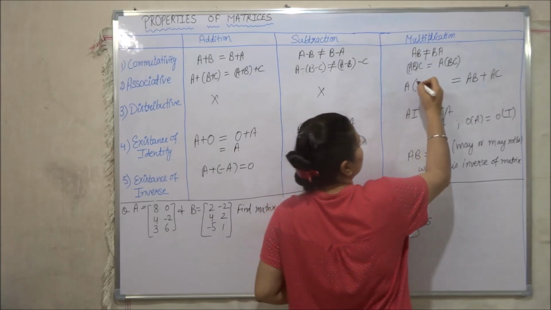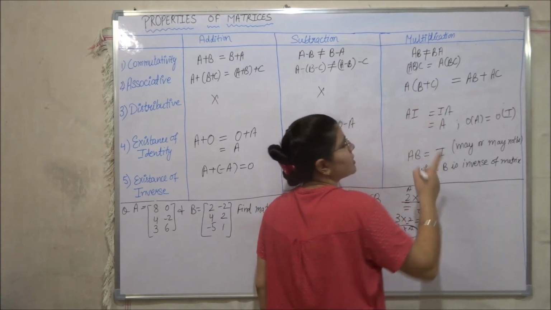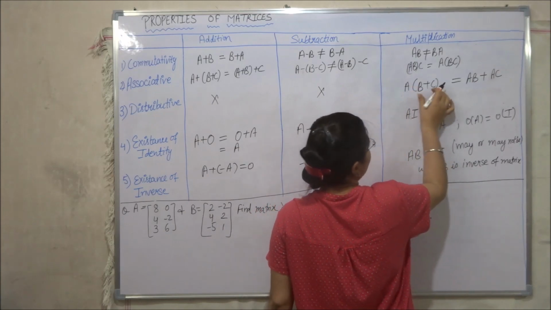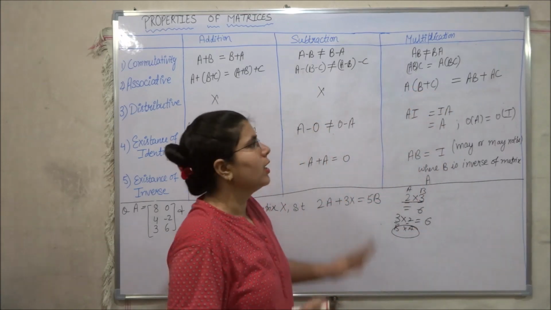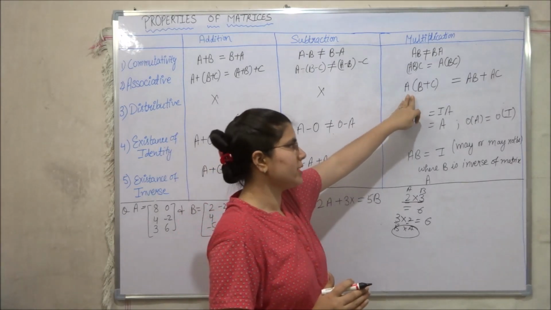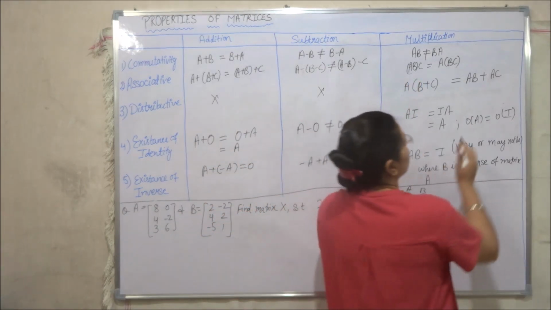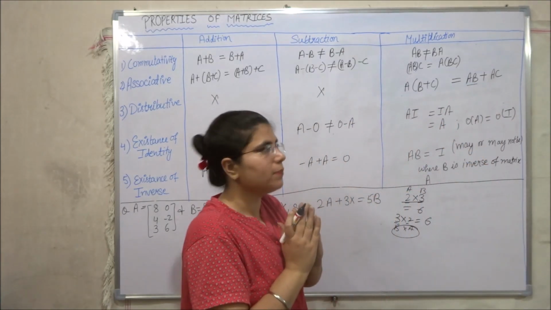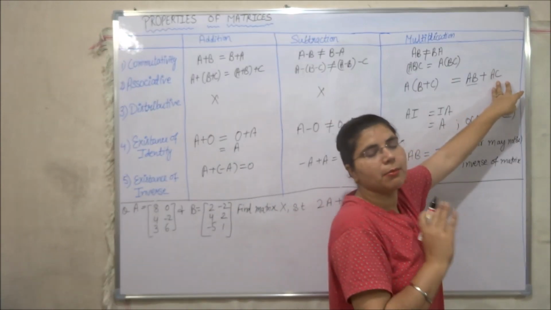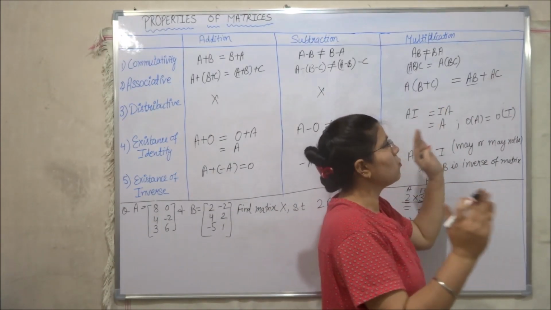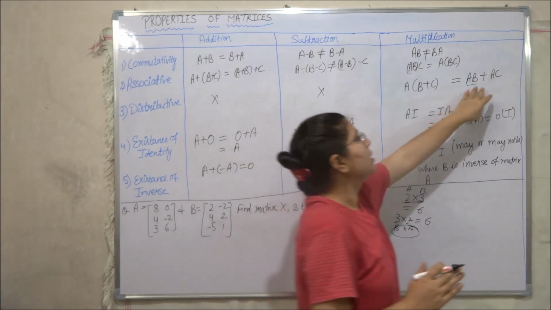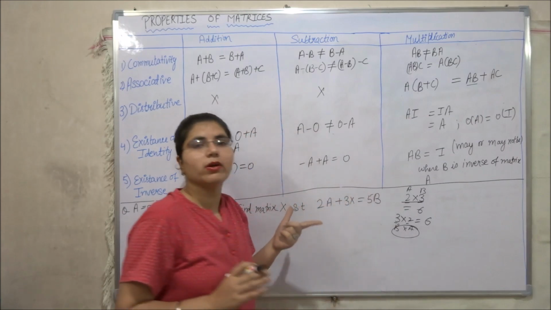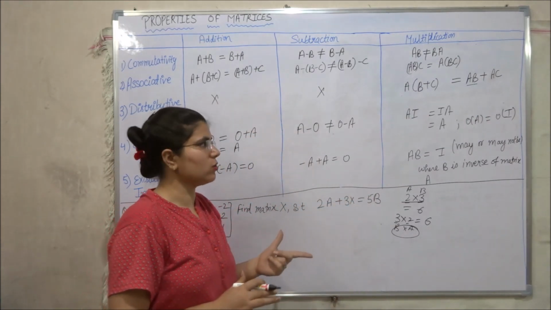That is when A, B, C are three matrices in the multiplication operation, then when we add B and C matrices, the addition when multiplied with the matrix A will be equal to the product of the two matrices A and B. In a similar way we multiply matrix A and C, and these two matrices when added up, then left hand side will be equal to right hand side.